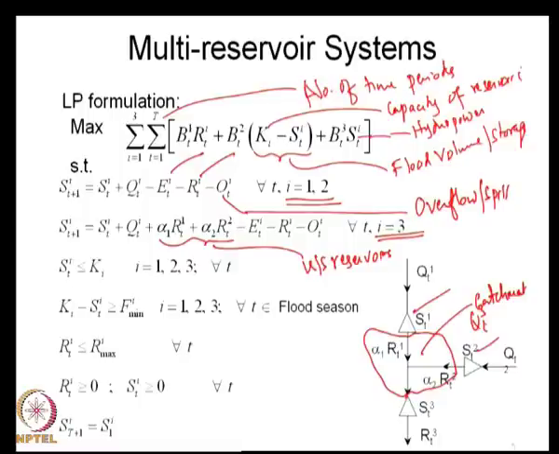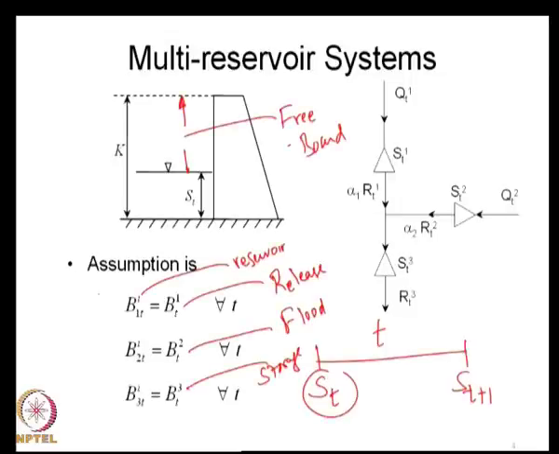And of course, all other constraints that we have looked at, namely that the storage must be less than the capacity, and look at this constraint specifically. We write this because you want to maintain a minimum flood freeboard or flood storage, and K_i minus S_it, S_it is the storage. Look at this figure, S_it at particular reservoir i is the storage and K is the capacity.